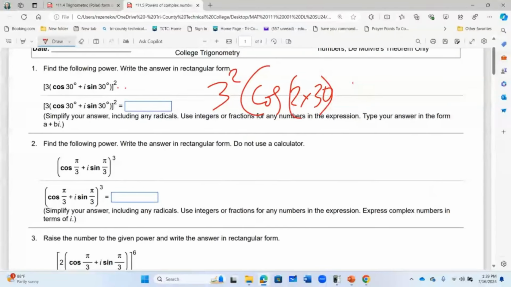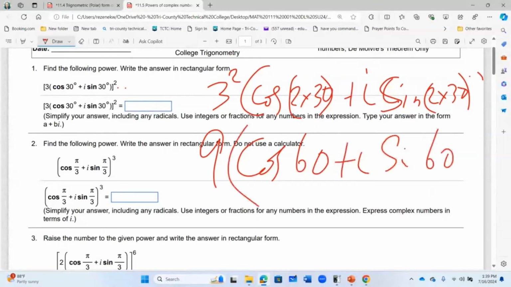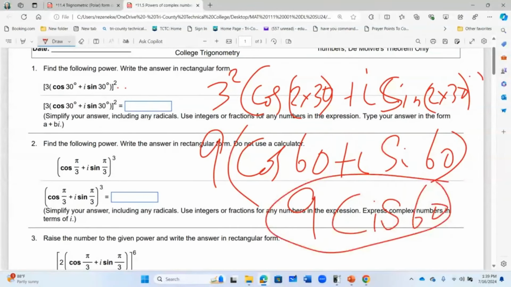Simplify, then simplify. Okay, and 3 squared is 9. 2 times 30 is 60. Cosine of 60 plus i sine 60. And then if you want to write it in compact form, you write 9 cis 60. Okay. Well, let's do number 2.